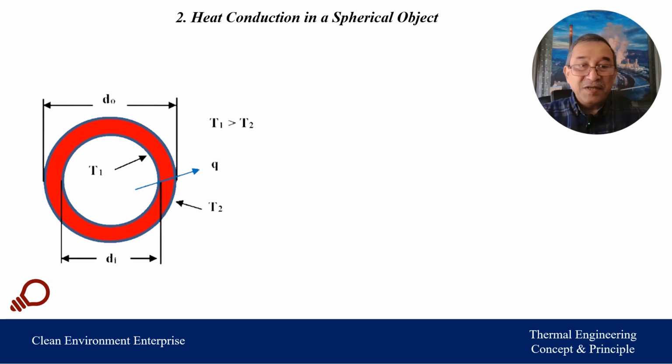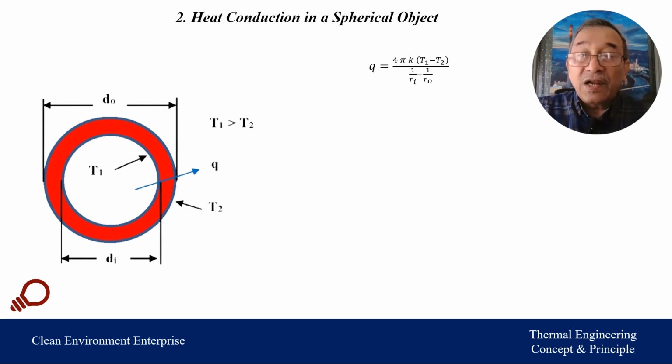For example, we have here a sphere with temperature T1, which is greater than T2. And because of that, we will get a heat flow from inside to outside. And Q again is the same as we studied before.